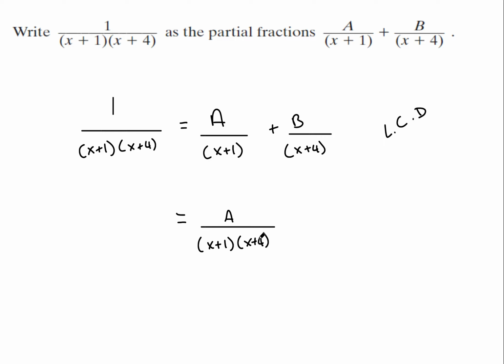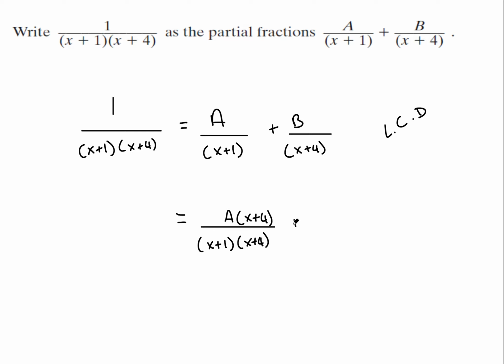Now I don't want to change the value of that fraction, I want to keep it the same. And how do I keep it the same? I'm going to multiply top and bottom by x plus 4, because effectively then I am multiplying it by 1, and if I multiply something by 1, it stays the same, no value change.